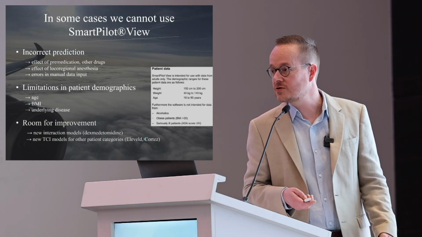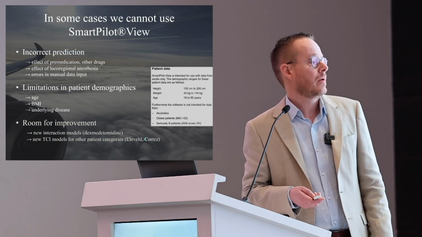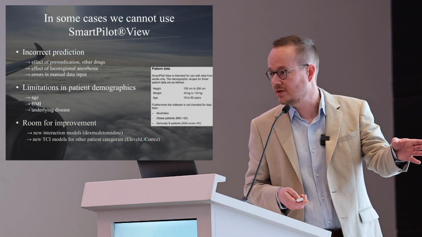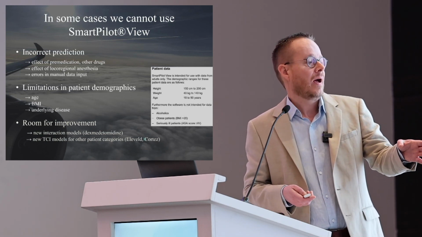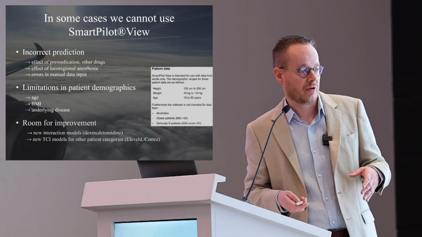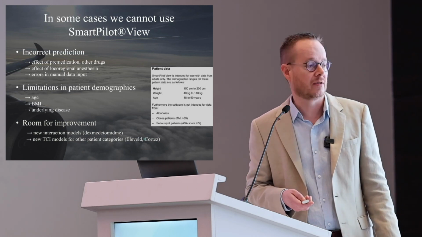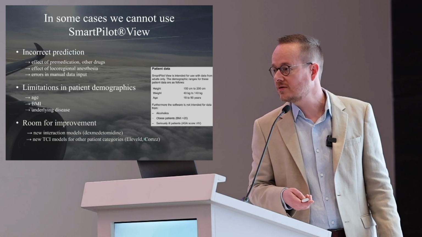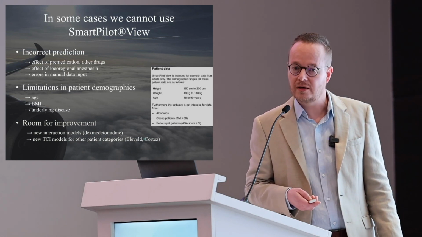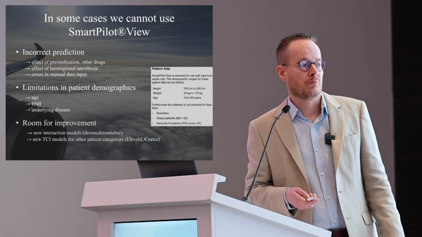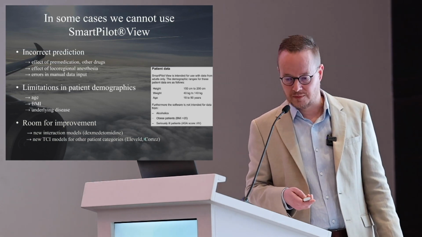In my opinion, there's also room for improvement, because nowadays there are new interaction models, for example with dexmedetomidine, and for the opioids and propofol we have new TCI models, like, for example, Eleveld, where we can incorporate morbidly obese patients, and more of our patients are morbidly obese right now.